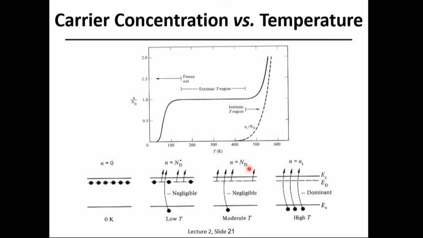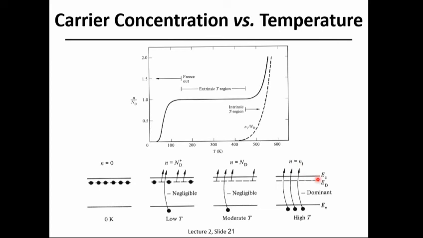So if we have a numerical calculation and you are given the donor density, since we are talking about moderate or room temperature, you can easily say that the electron concentration equals the donor concentration, and use this and continue with your calculation.